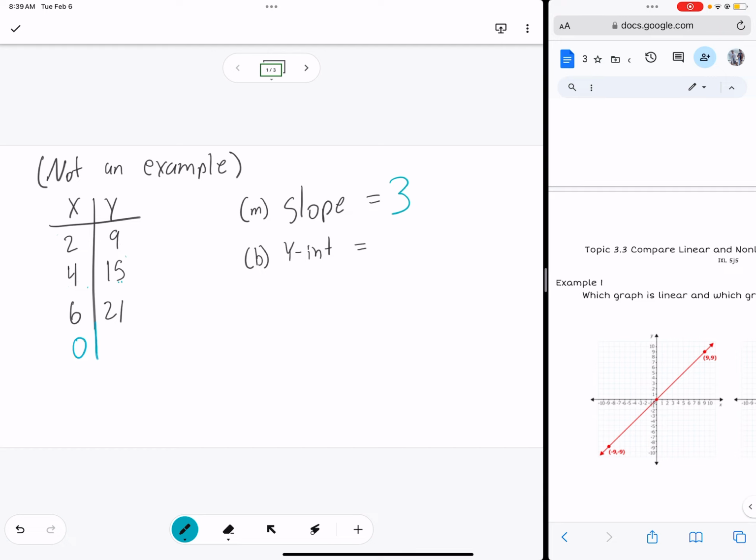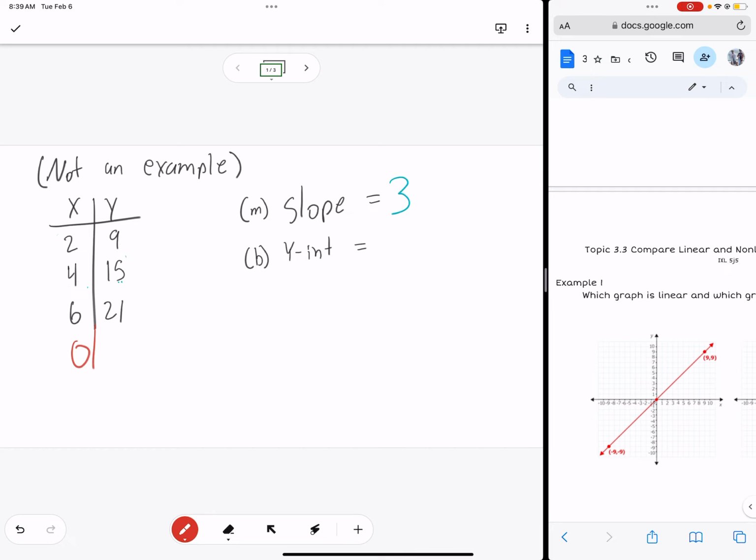If you have x equals 0, then whatever the corresponding y value is going to be your y-intercept. But do we have y equals something at x equals 0? We don't have an x equals 0. This is not on our chart. Let me write it in red. So we don't have an x equals 0, so we have to use a little bit of algebra.